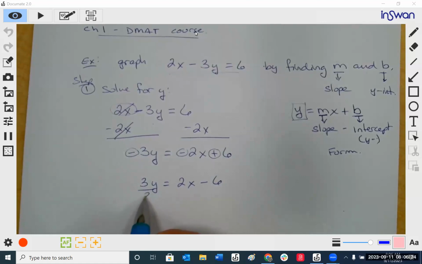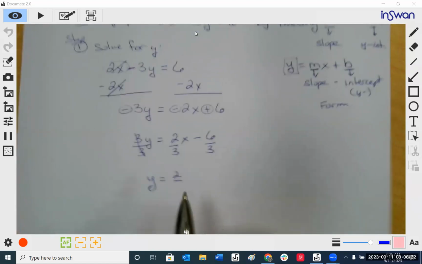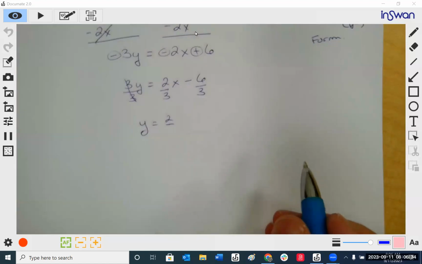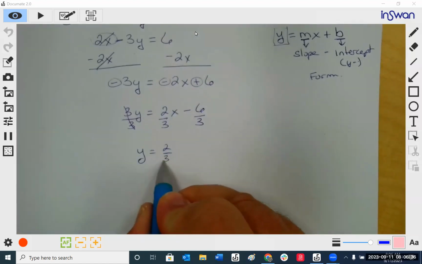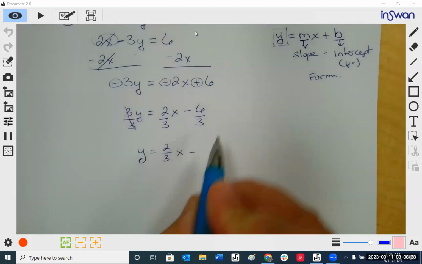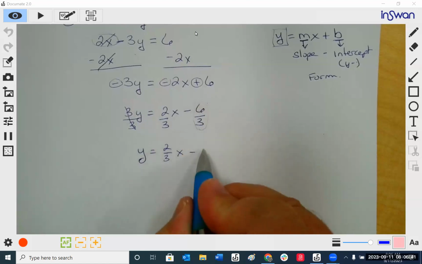Now, all you have to do is get rid of the 3 by dividing each term by 3. And 6 divided by 3 is 2.